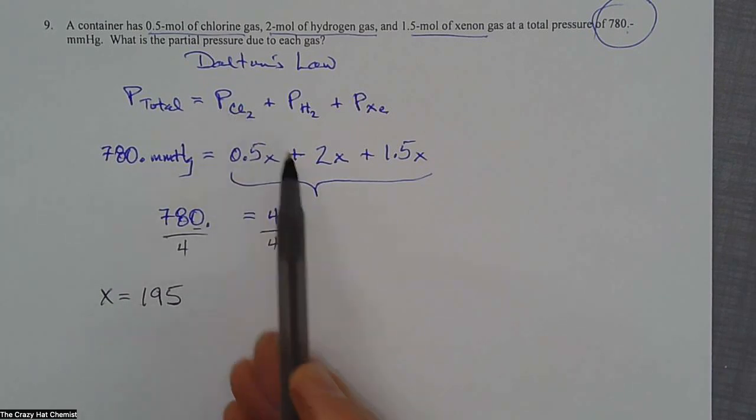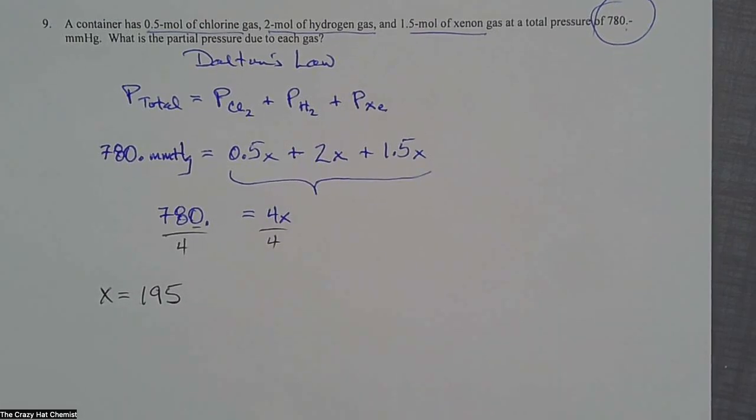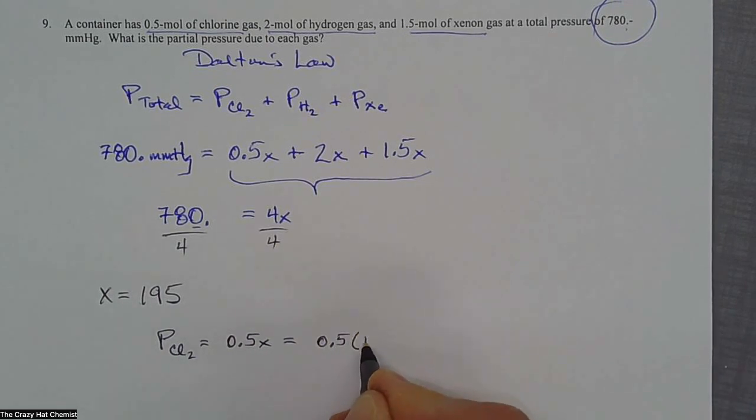Well, none of my pressures are equal to x. So we're going to solve for the individual pressures of each gas. So the partial pressure of chlorine gas equals 0.5 times x. So that is going to be 0.5 times 195.